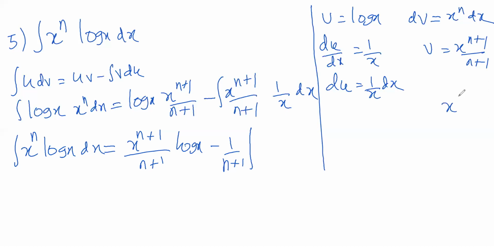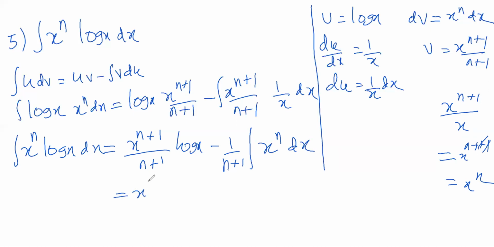Here it is x power n plus 1 and here it is x. That is the a power m by a power n formula: what is a power m by a power n? a power m minus n. So here we have x power n plus 1 minus 1; plus 1 minus 1 cancel. Simply we have x power n. Correct? So integral x power n dx.